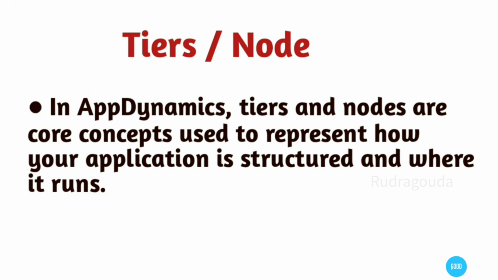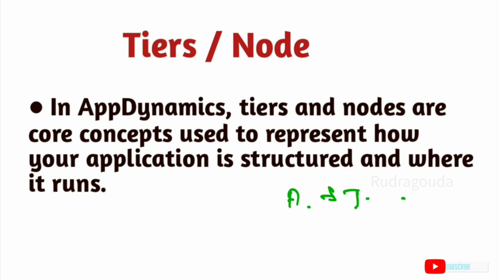Now let's start understanding the important keywords in AppDynamics. The very first keywords we need to understand are tiers and nodes. These are very commonly used in AppDynamics. Whenever you are monitoring any application, whether Java, .NET, or Python, most of the time we'll talk about tiers and nodes.